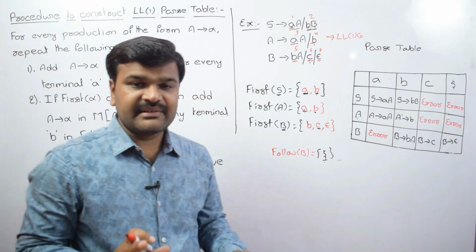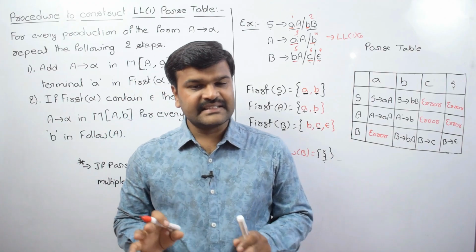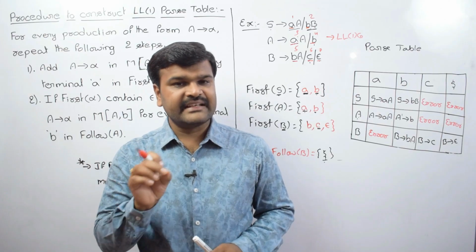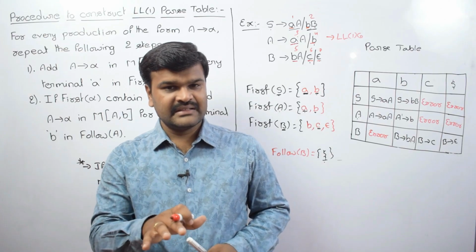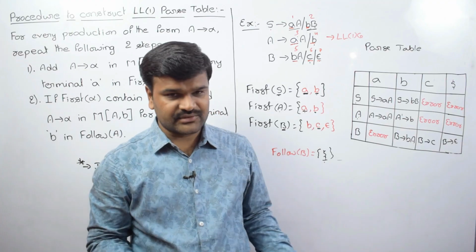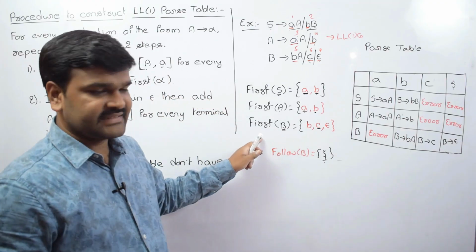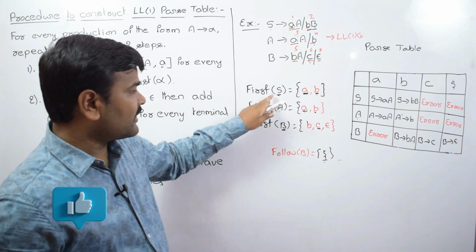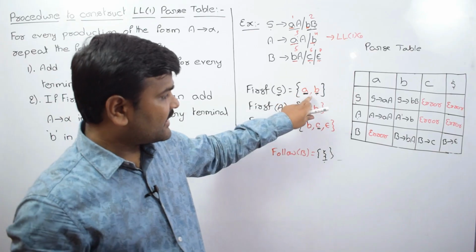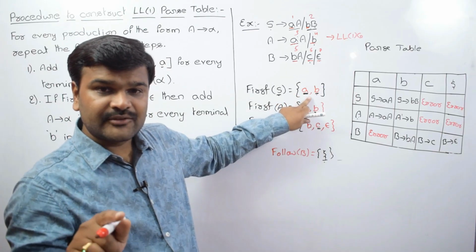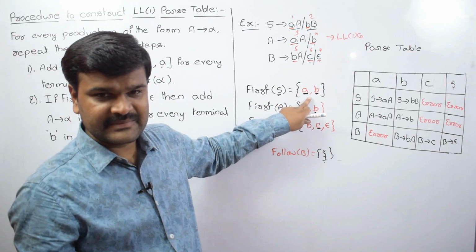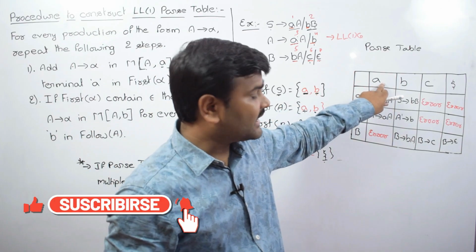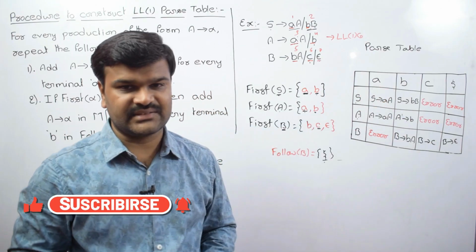In that way we decide whether a given grammar is LL1 or not. To tell whether a grammar is LL1, sometimes you need not go for the table at all; you can decide here itself. Suppose first of a non-terminal has the same terminal two or more times, then under that terminal you are going to have two productions.